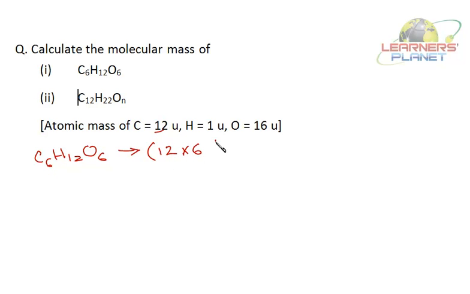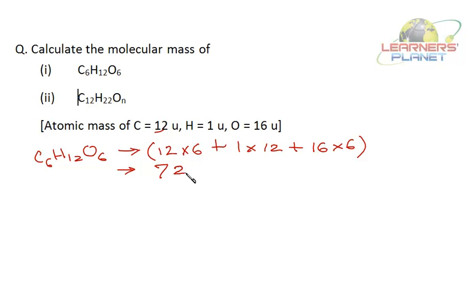Plus atomic mass of hydrogen is 1 unit. How many atoms of hydrogen are there? 12. Plus atomic mass of oxygen is 16 units, and how many atoms of oxygen are there in glucose? 6.